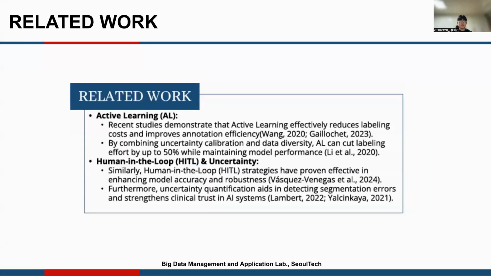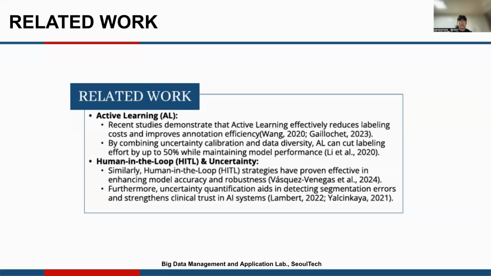Next is the related work chapter. First, active learning. Recent studies have demonstrated that active learning effectively reduces labeling cost and improves annotation efficiency. When uncertainty calibration is combined with data diversity, labeling workload can be reduced by up to 50% while maintaining comparable model performance.